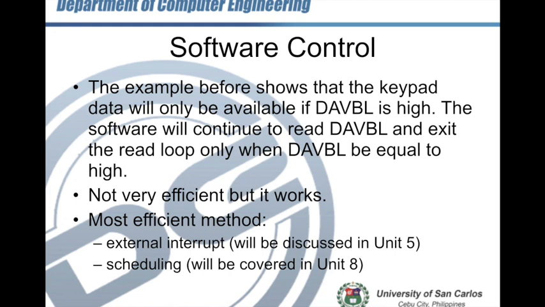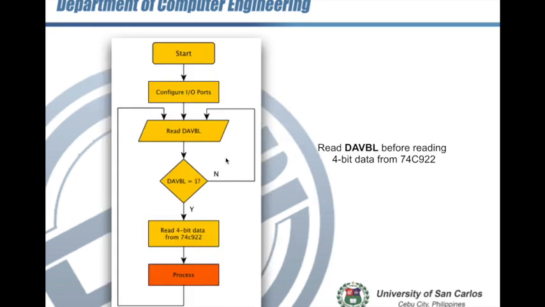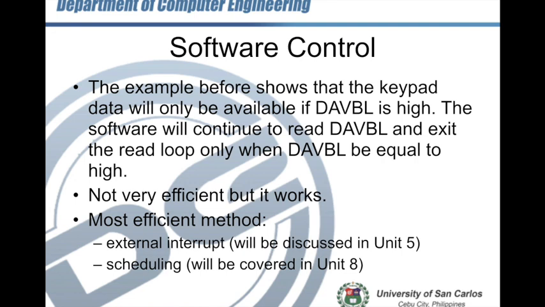Then the microcontroller would be stuck in this loop and the CPU is not doing anything. It's not efficient, but it works. But there is an efficient solution, where we want the CPU to perform other tasks other than just waiting indefinitely for a key press.